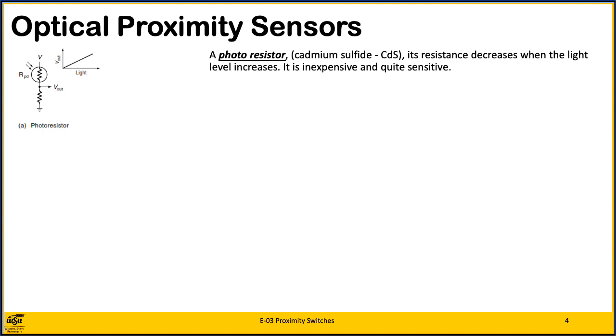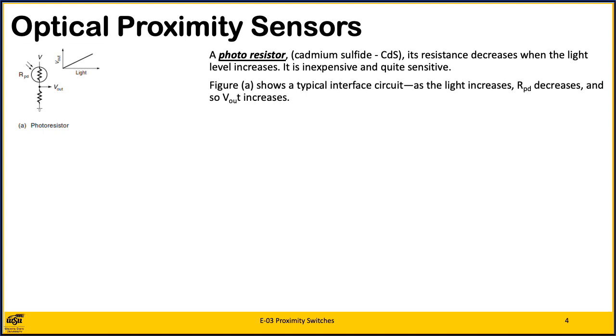It is inexpensive and quite sensitive, that is, the resistance can change by a factor of 100 or more when exposed to light and dark. Figure A shows the typical interface circuit. As the light increases, R_BD decreases, and so Vout increases.